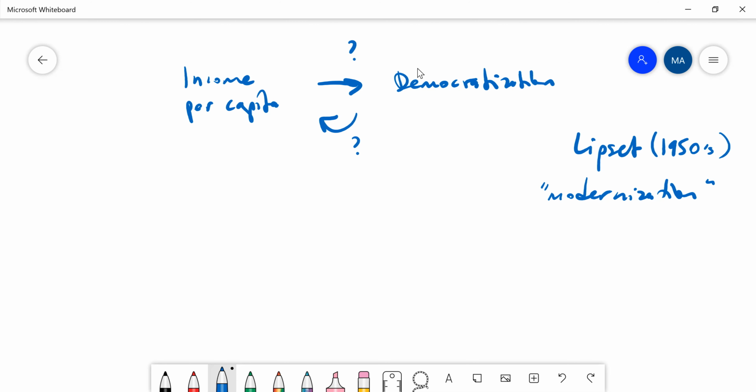So then they would have a certain desire to have developed political institutions in the economy, right? So according to Lipset's hypothesis, the causality, the important concept here is causality, okay?